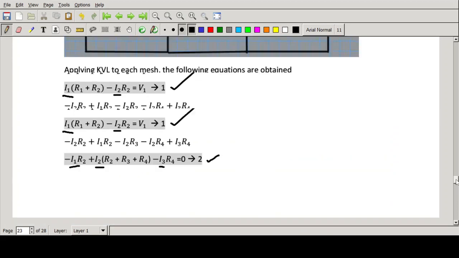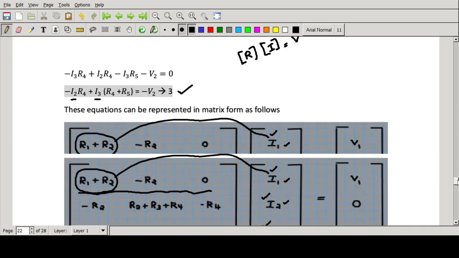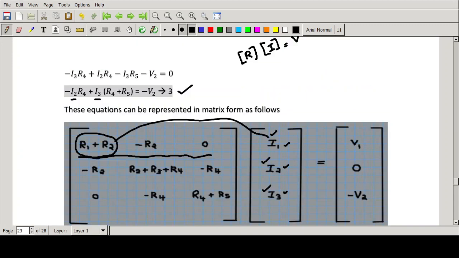Now let's see the second term, minus I2 into R2. So the resistance term corresponding to current I2 is minus R2. See here, minus R2 corresponds to I2. I will just draw something like this. Just one second.